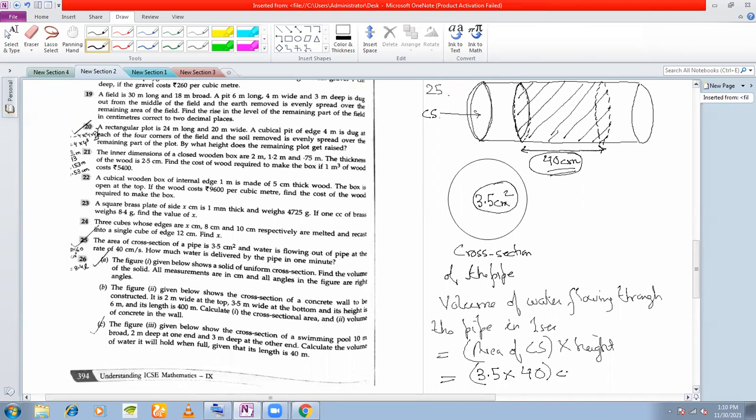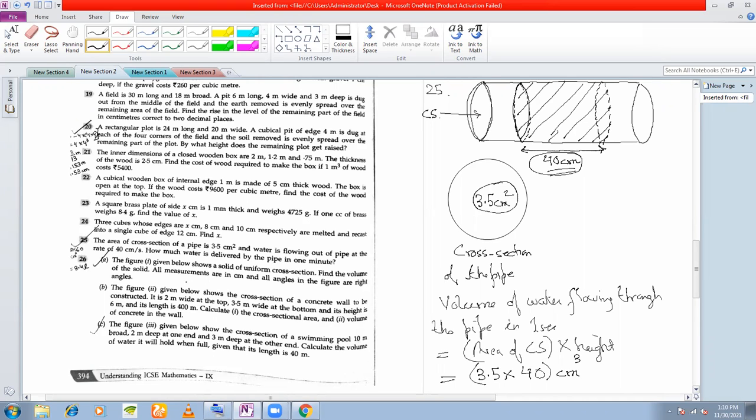You agree with this or not? Tell me, in 1 second, will this much amount of water flow through the pipe or not? Or do you have any question or any deviations from this understanding? No, you agree? This will be the case.